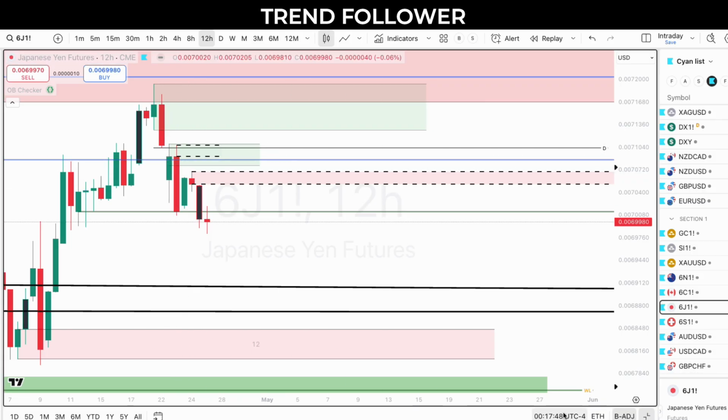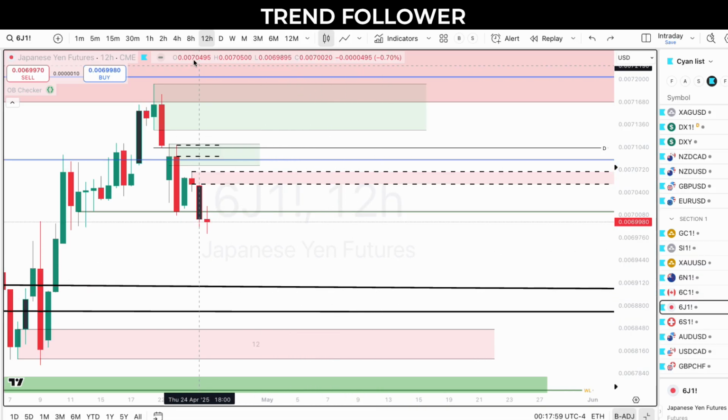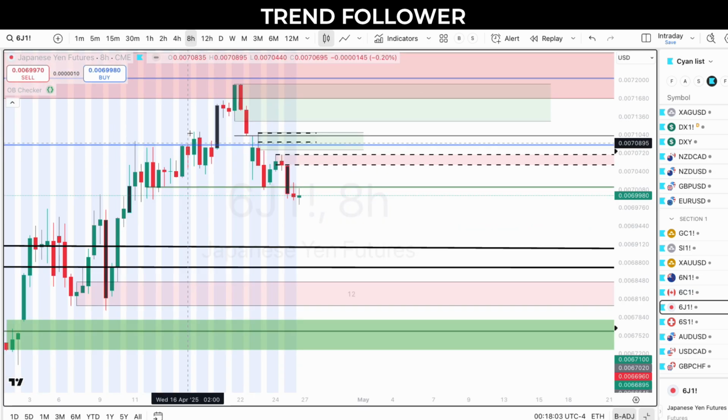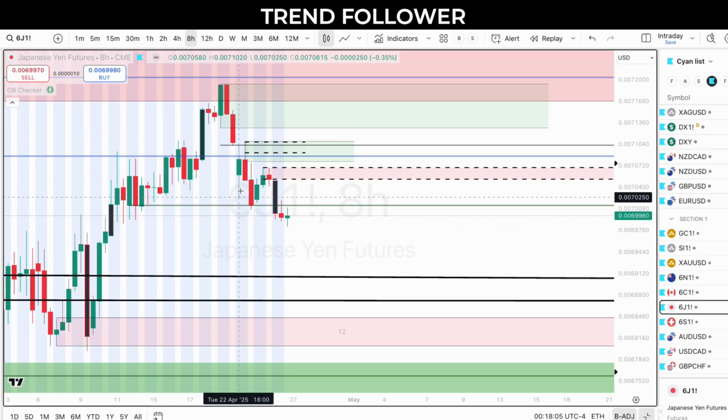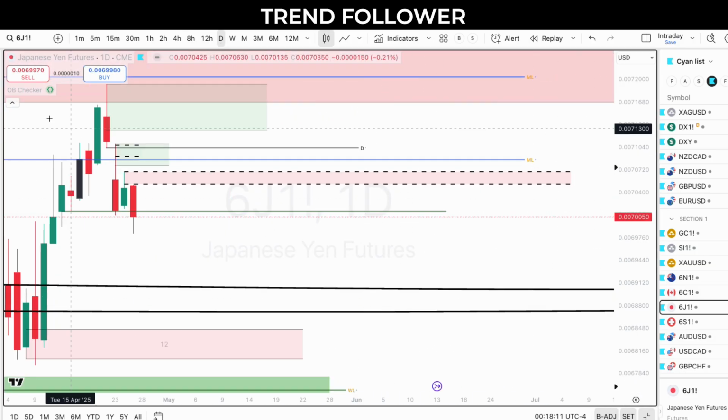The other possible scenario is you test it, you come down, then you break it, and then you come down, right? Overall, I am bearish biased on DXY. I think it should come down, further continue going down. The only thing I don't like about this one, keep in mind, is that this is not a daily supply.